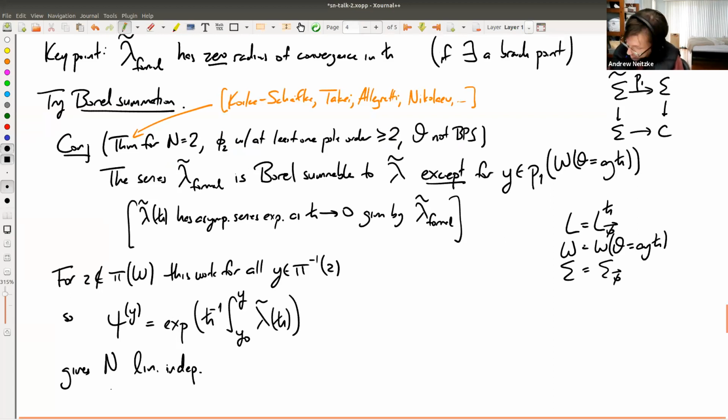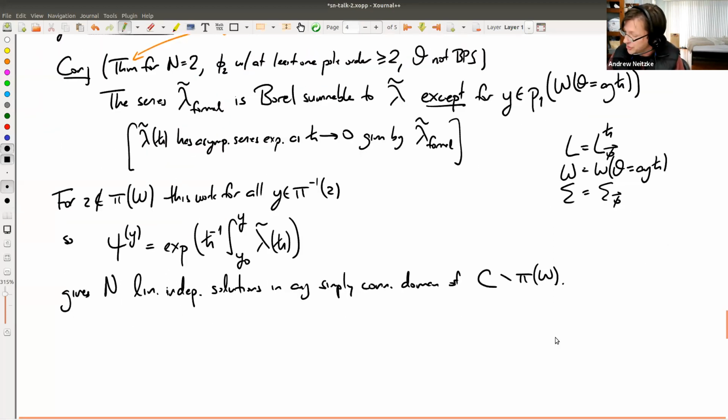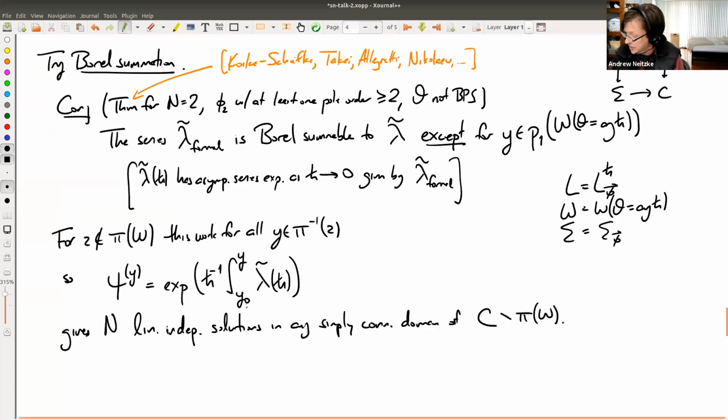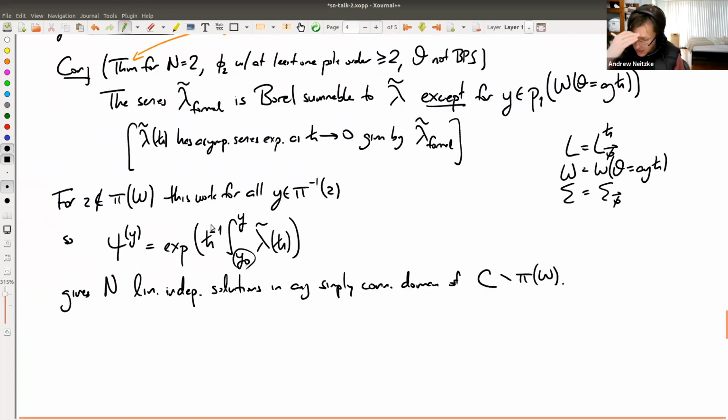N linearly independent solutions in any simply connected domain of C, you know, omitting the projection of the spectral network. And these solutions, they depend on the base point. So I have a base point here, why not? But they depend only by a scalar multiple on the base point.